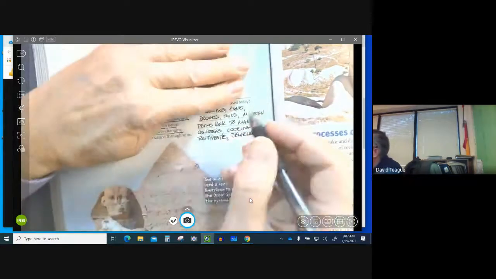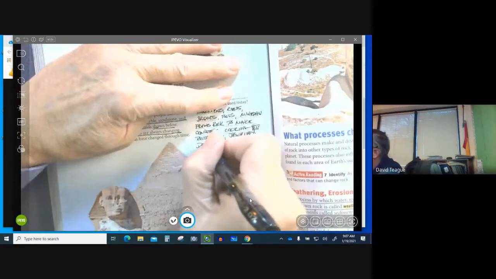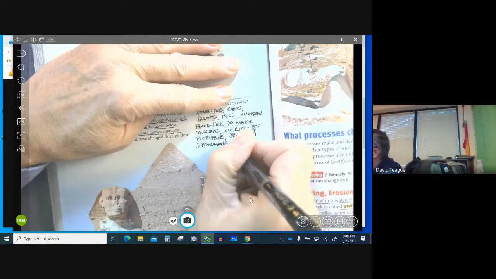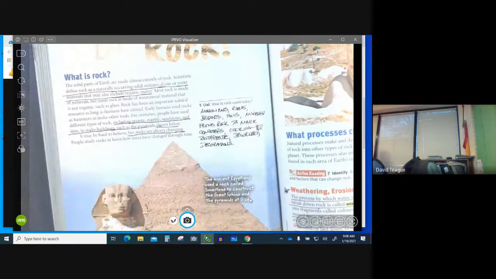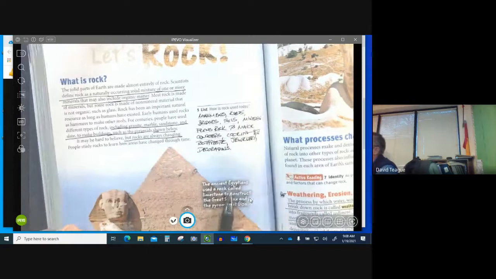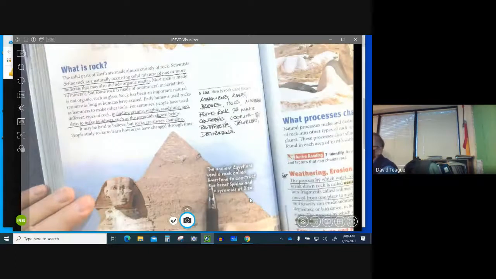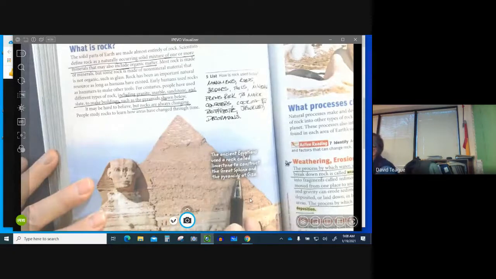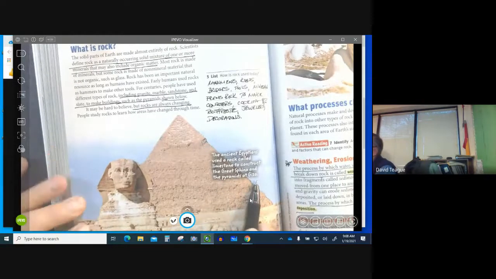And they're also used for decorations. So we use rocks for many, many things that we even take for granted. The ancient Egyptians used a rock called limestone to construct the Great Sphinx and the pyramids of Giza.